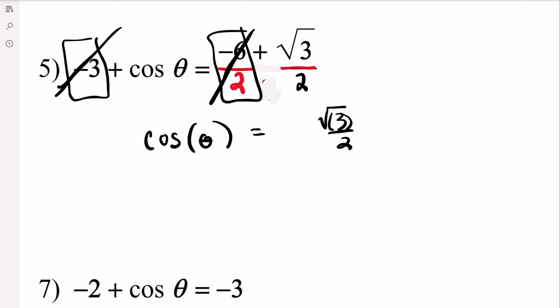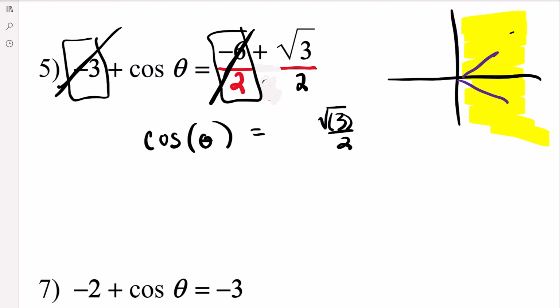Well, again, when you're looking at the unit circle, cosine is positive in these two quadrants. And the x value, the cosine value, is root 3 over 2 at 30 degrees and 330 degrees, or pi/6 and 11 pi/6.